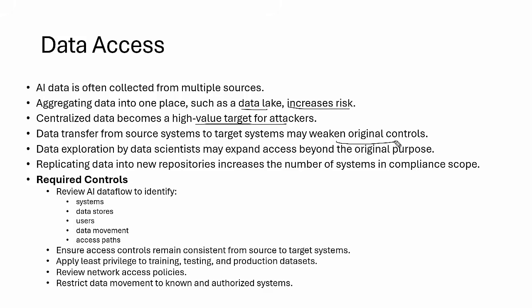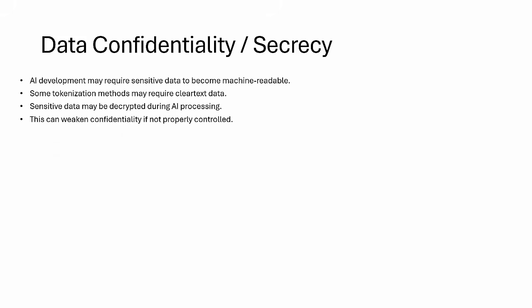So make sure we look at data exploration by data scientists, which covers the purpose and all that. We have to review all the AI data flow properly to identify the systems, stores, use, and access paths, and ensure the access control remains consistent from source to target system, and review the network policies and everything, which is actually the most important practice we have for this function. Now the next part is called data confidentiality and secrecy.